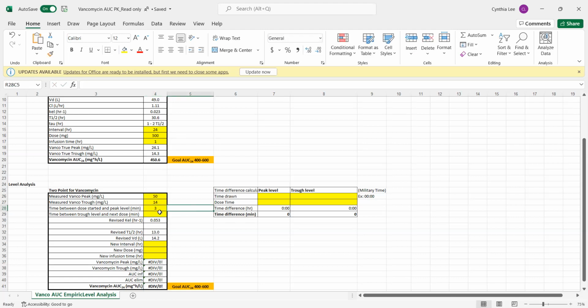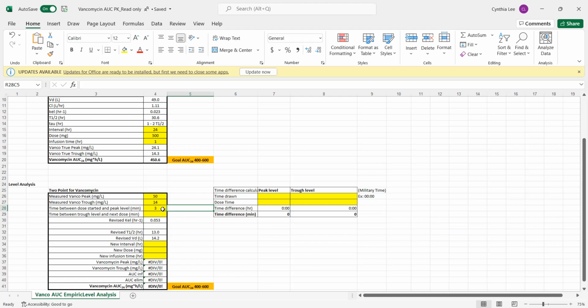And the real time is going to depend on when you look at the medication summary, right? It's gonna give you the information in the EHR setting in terms of what time the vancomycin started being infused, how long it got infused, and what time specifically the levels are taken, right?